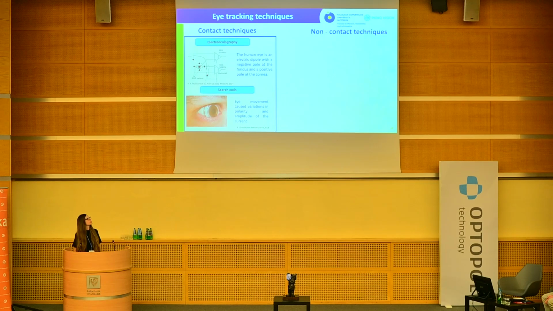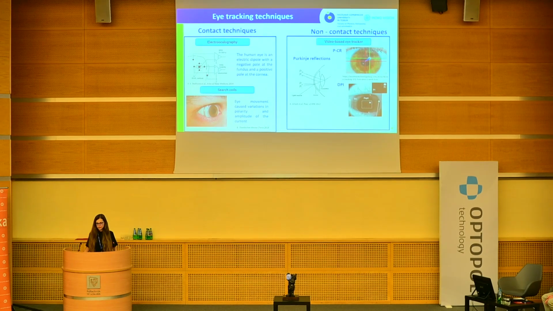So, of course, right now we prefer non-contact techniques, so we can use Purkinje reflection. Here we have two types of tracking method. We can use pupil and corneal reflection, so we have PCR methods. But we can also choose the first and fourth Purkinje image, and we have dual Purkinje image eye tracking.